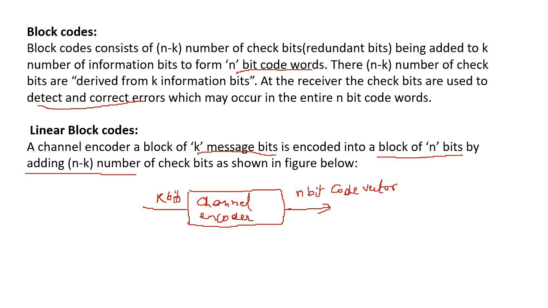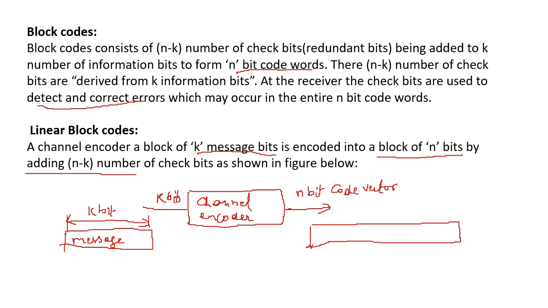How we are going to do this is, you will have a message of size k bits, and you are going to get an output of n bits. We'll see how. First you might have the message, then the check bits, which together form an n-bit vector.